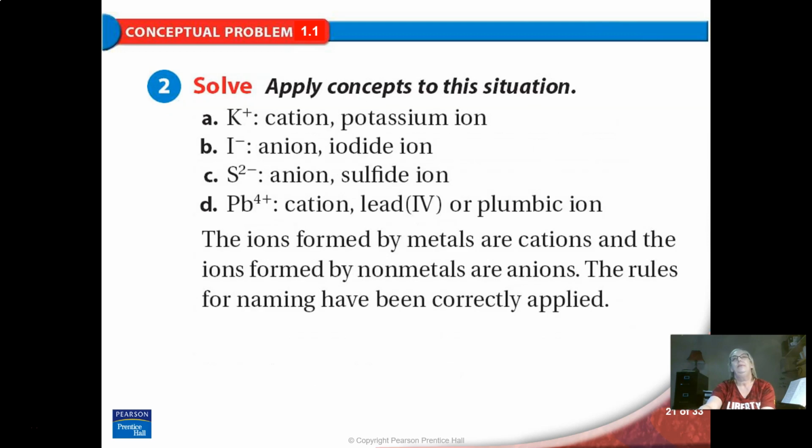So when we look at these ions, potassium is group 1, so it's going to be +1. Iodine is going to turn into iodide ion. Sulfur is going to turn into sulfide ion. And then lead 4+ is going to be called lead Roman numeral 4. It's a cation. So positives are cations, negatives are anions.